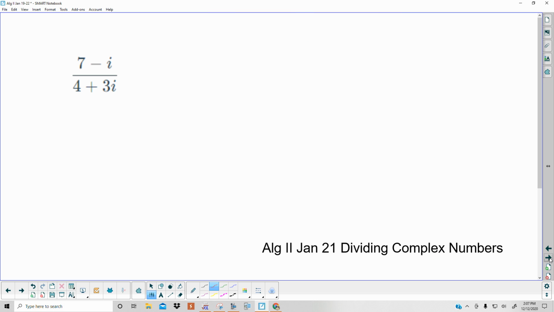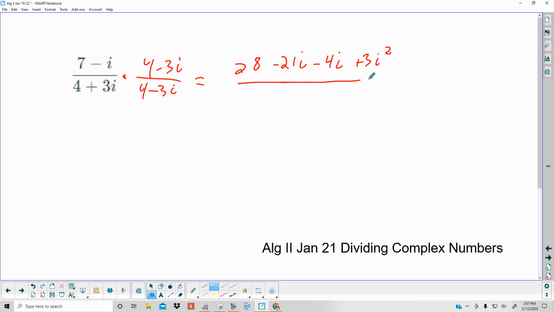Okay. I'm really not sure if you guys need to see another one. I'll do it. 4 minus 3i, 4 minus 3i, FOIL the top. 28 minus 21i, inside minus 4i, outside plus 3i squared, over, it's a difference of squares pattern, square the first thing, minus square the second thing.